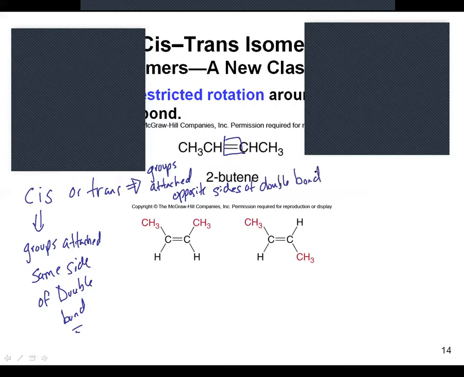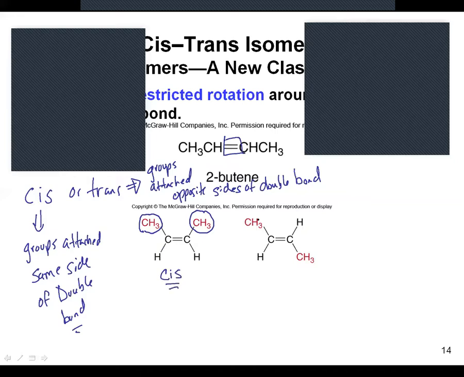So when we look at these two guys here, when we're doing cis and trans isomers and we think about groups like methyl groups, we have a methyl group here and we have a methyl group here. They are the same group on different carbons, and they are on the same side of the double bond, which means this would be our cis isomer.